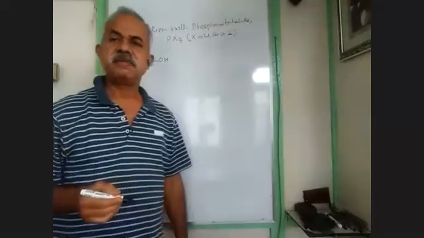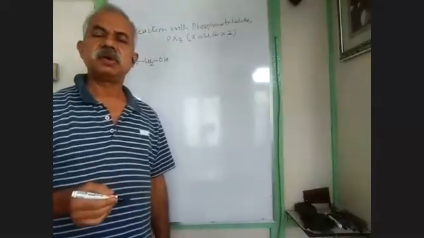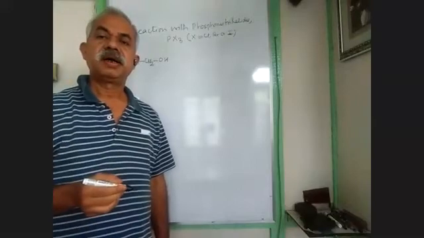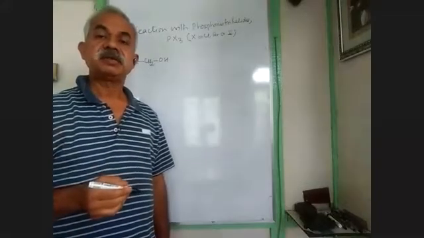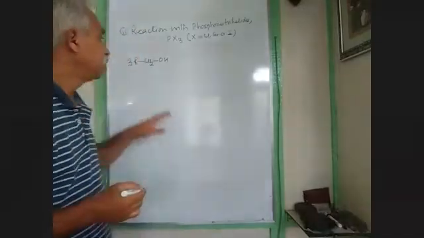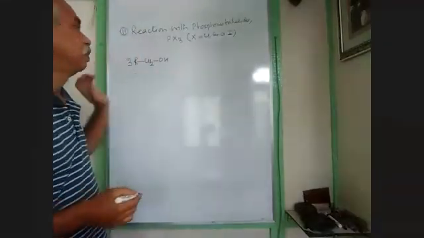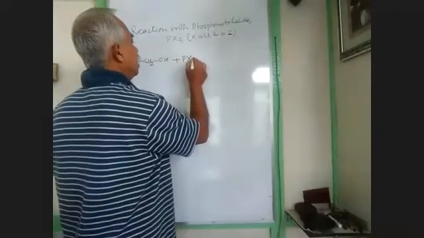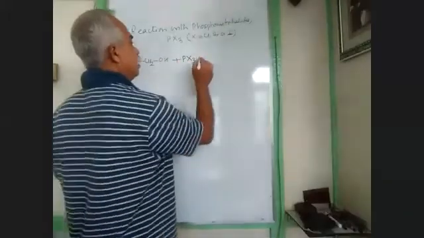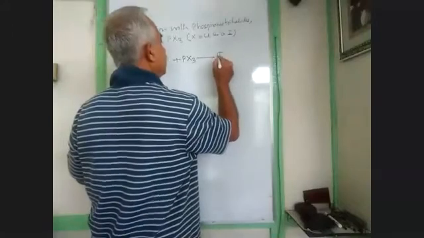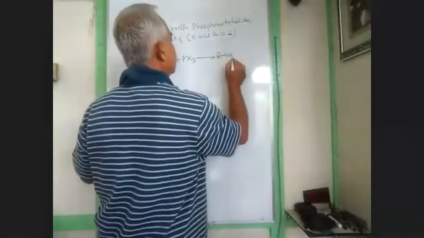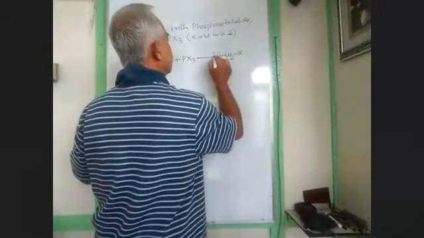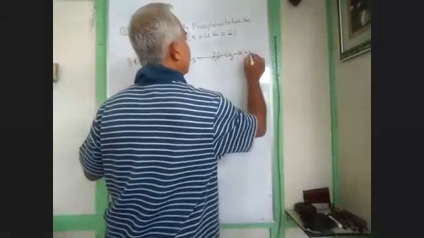With PCl5, 1 molecule of alcohol reacts with 1 molecule of PCl5. And in case of the phosphorus trihalide, 3 molecules of alcohol react with 1 molecule of trihalide. What does it give?